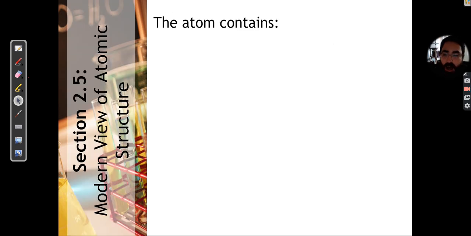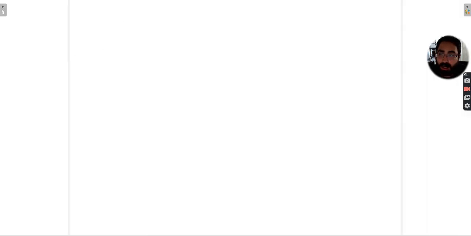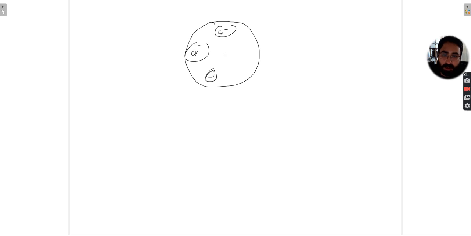Now we're going to get into the more accepted model of the atom. Right now, the atom looks kind of like this. It's got electrons embedded into it, but there's something small in there that's positive. So there are positive particles and negative particles.